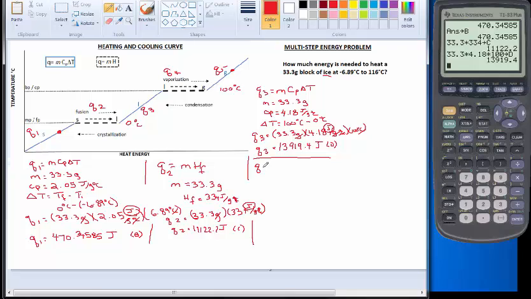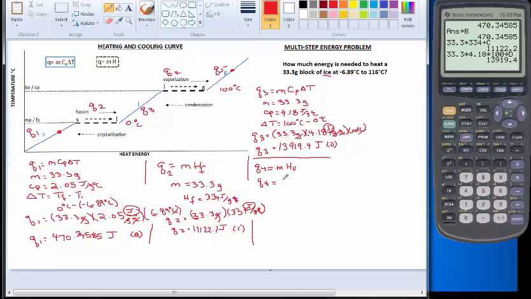Our Q4 corresponds to changing from a liquid to a gas, so we'll use our equation Q is equal to mH. Because we're talking about going from a liquid to a gas, this corresponds to vaporization. So we will be using the heat of vaporization.